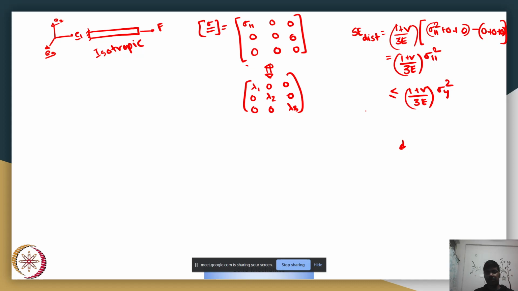Now, suppose I give some values, say force is equal to 10 kilonewton, area is 1 centimeter square.